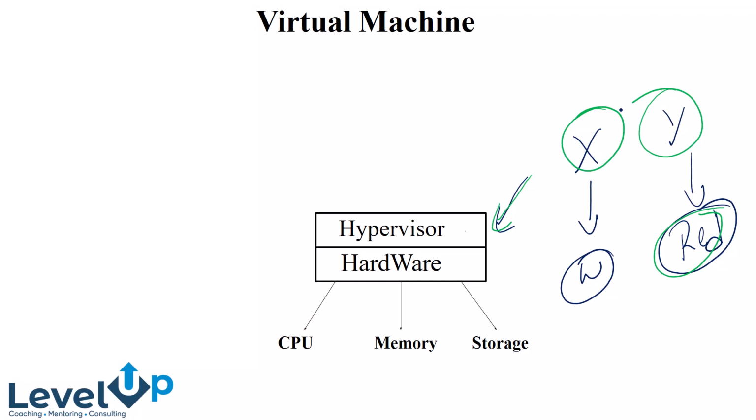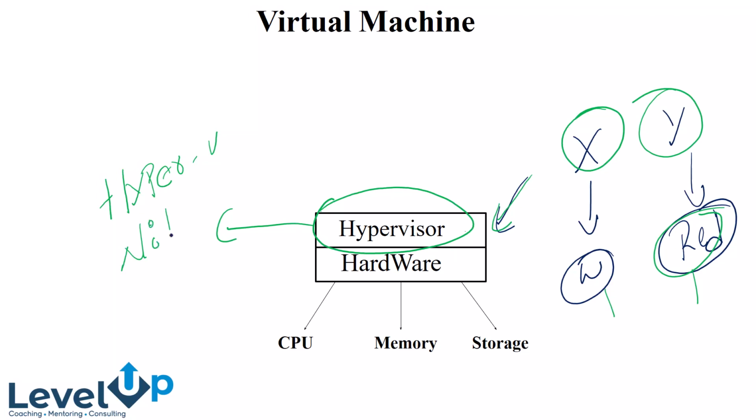So then, instead of having the traditional Windows operating system or Red Hat Linux operating system, there is another type of operating system which is called a hypervisor. This is called a virtualization layer. There are different hypervisors available in the market. The Microsoft hypervisor is called Hyper-V.